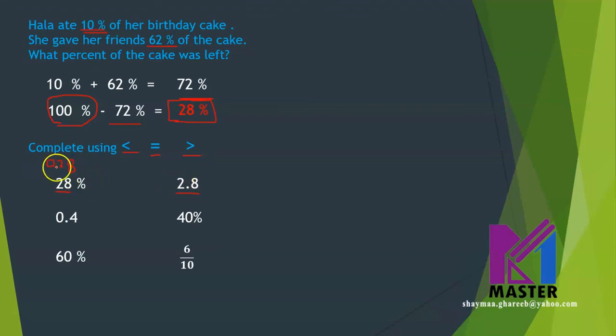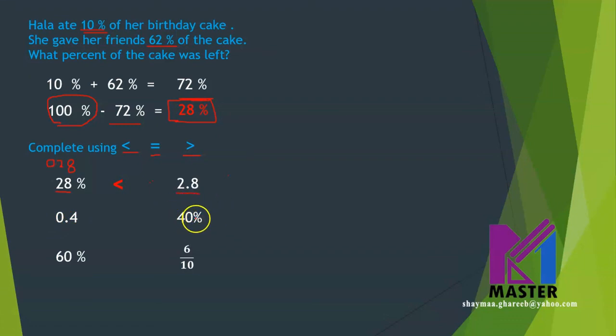So which is bigger, 0.28 or 2.8? Of course, 2.8 is bigger, which means 28% is smaller than 2.8.